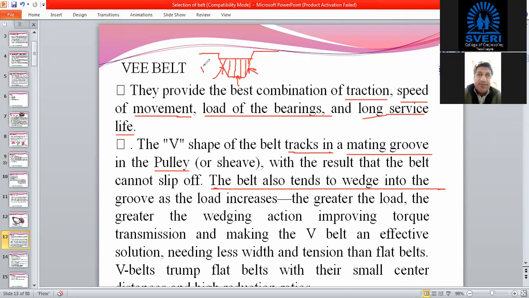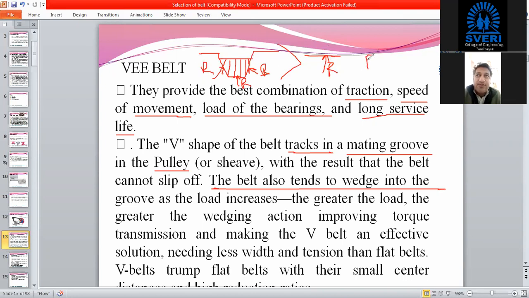So this normal reaction is increased, whereas in case of flat belt, we get normal reaction from one side only. If you compare these two, we can easily see that the normal reaction is more.